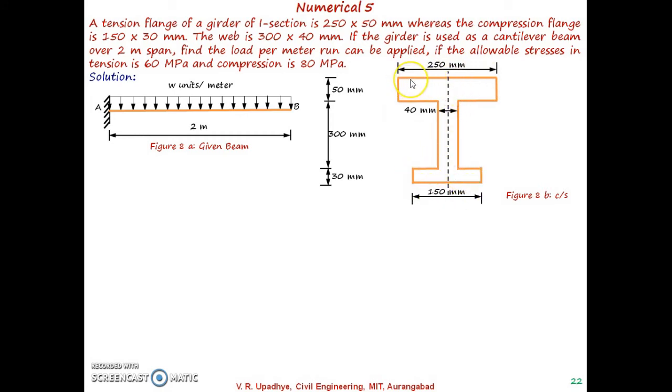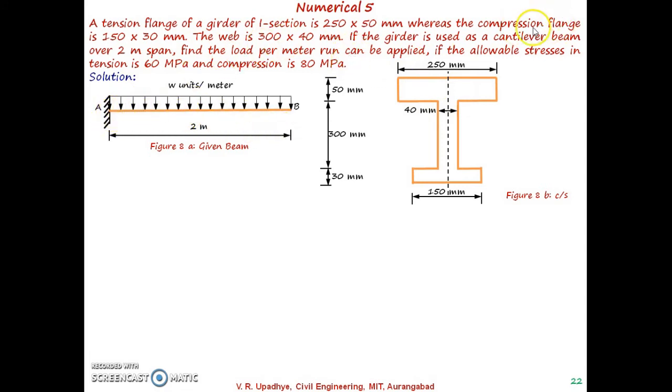What is said is that the tension flange is 250 mm by 50 mm, and it is a cantilever beam. Once again I am saying that it is a cantilever beam and it will be subjected to hogging type of bending moment, and tension will be at top. So this flange is at top, and the bottom flange will be in compression.